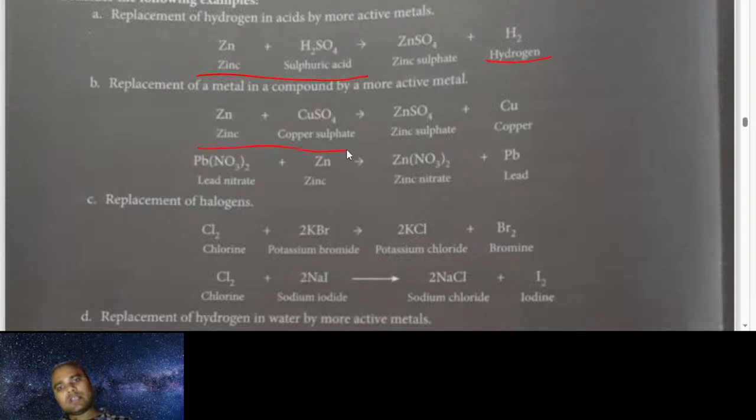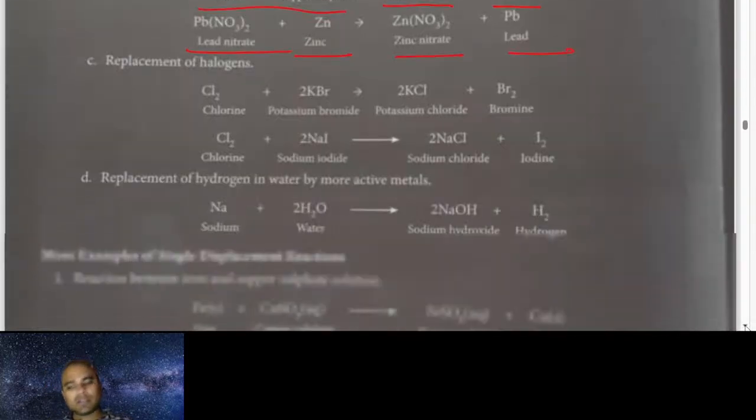Zinc treated with copper sulfate is going to give zinc sulfate and copper. Lead nitrate treated with zinc gives zinc nitrate, and lead will be out. So these are all examples of the displacement reaction, right?